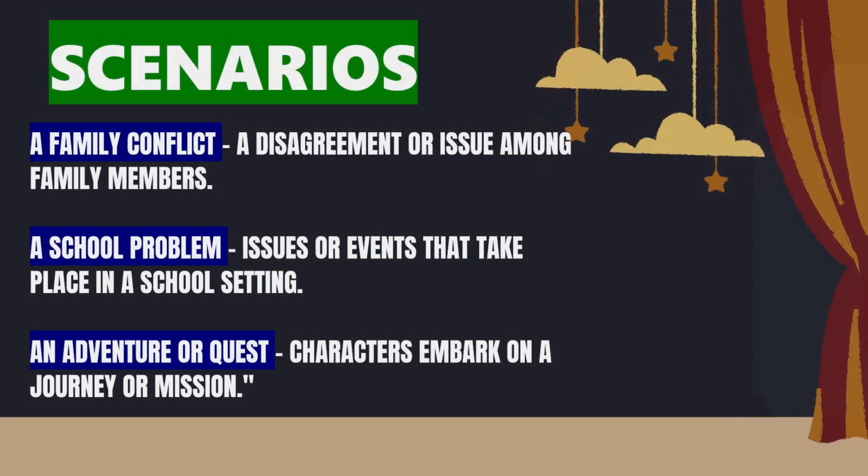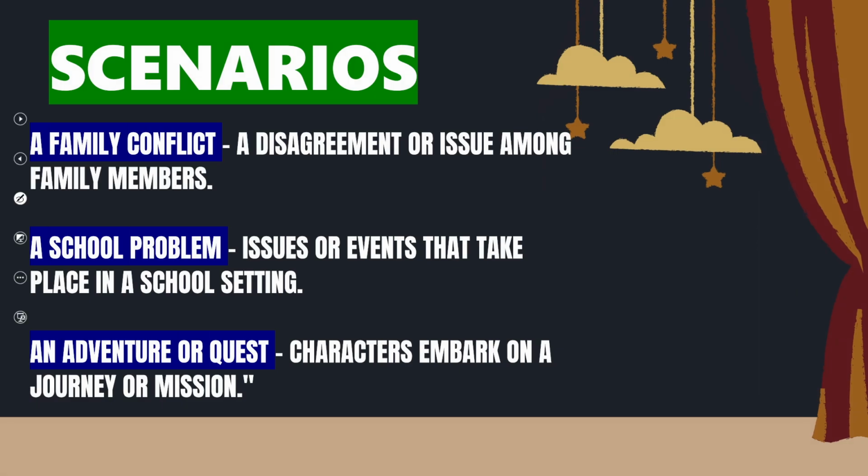Now, let's talk about different scenarios as an example. So now, one is a family conflict, a disagreement or issue among family members. Now, this is a situation where you can write a lot of different plays surrounded by family conflict and family problems. A school problem, where issues or events take place in a school setting.